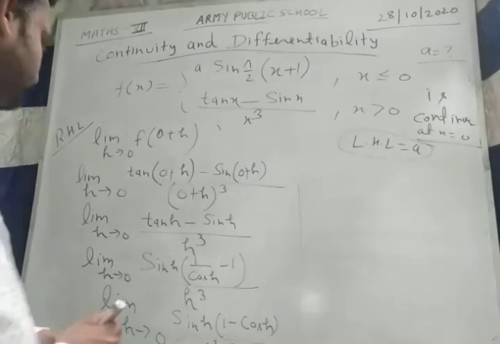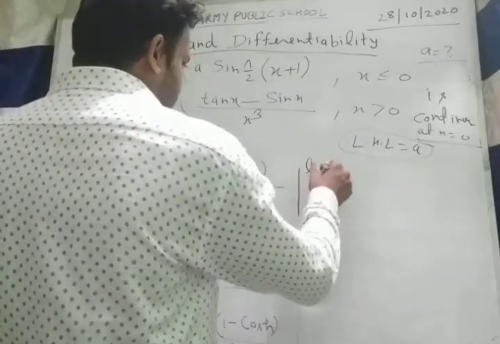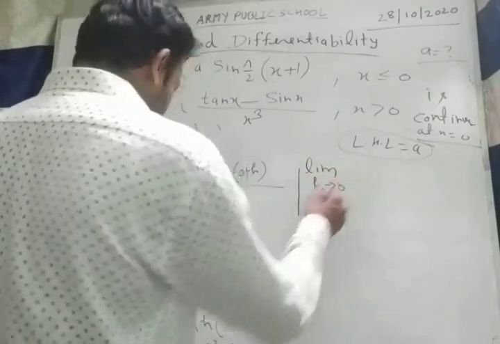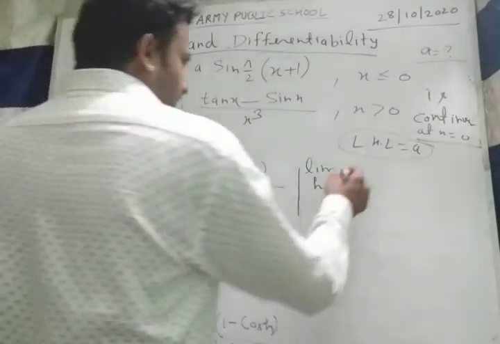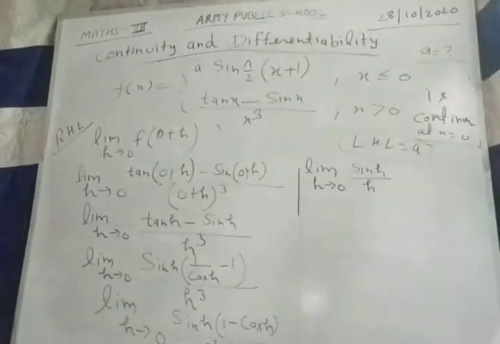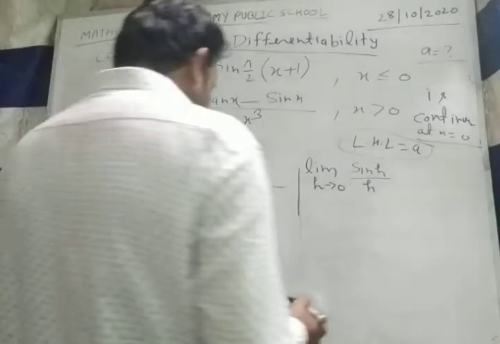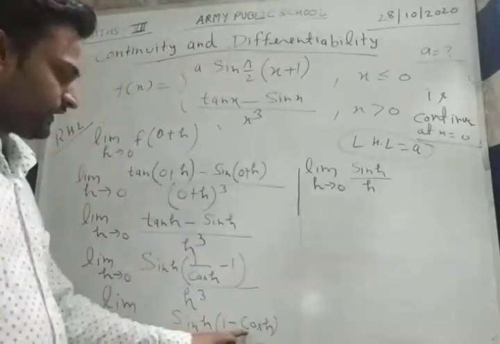Now limit h tends to 0. We write this as sin h by h, and here this is 1 minus cos h.